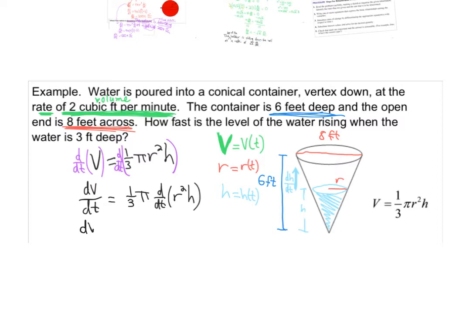So using the product rule on the right-hand side and copying everything else that I haven't dealt with yet, I'm now going to have the derivative of r squared, which would be 2r dr/dt, times h unchanged, plus r squared times the derivative of h with respect to t.